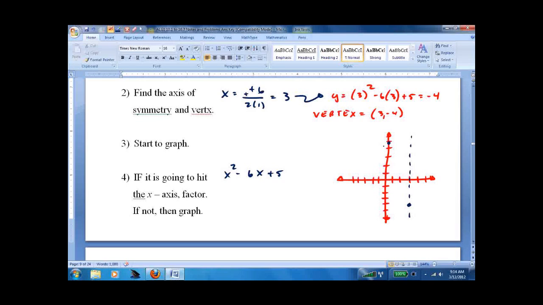And now the question is, where does it hit? On the x-axis. We could have drawn that graph anywhere. I mean, we could sit there and pick out points and do that, but that takes forever. If it looks like it's going to hit, factor it.